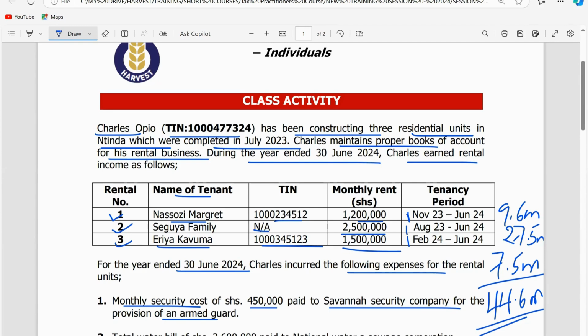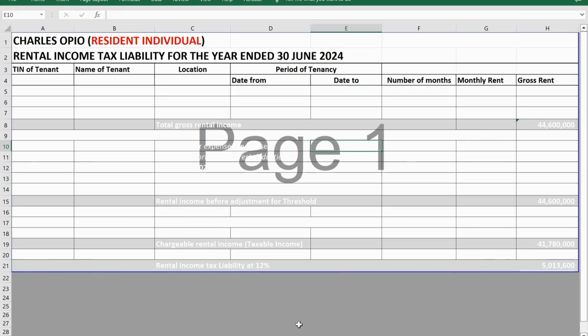And today I'm going to share with you our working papers, at least what most of us in the field are using to record, manage the transactions of our clients in the real estate business. So we don't use a sophisticated software. No, we use a simple Excel sheet like this one here.